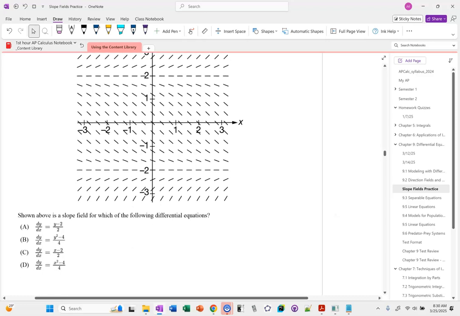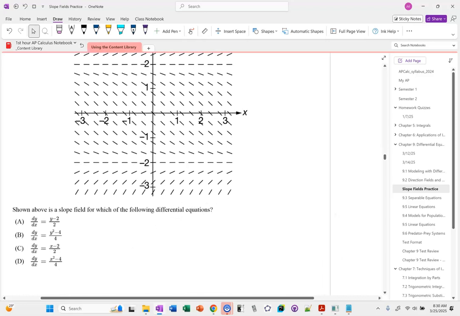This one will fit all on the screen for you guys. Let's do this one. Why don't you try this one? Give you a minute to think about it.